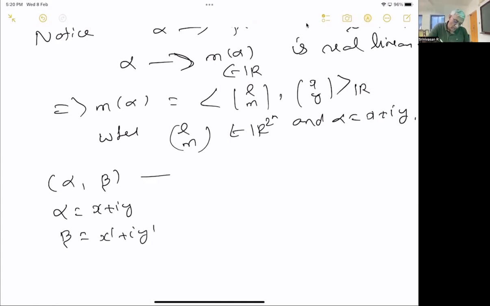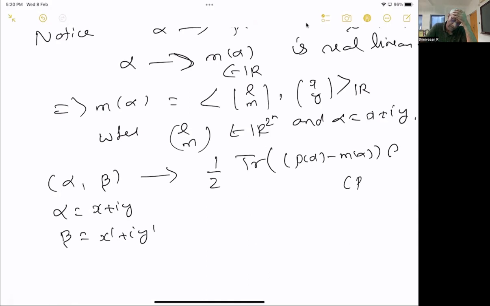Okay. Going to this half trace of P of alpha minus M of alpha, rho, and P of beta, maybe I can write it together, doesn't matter.